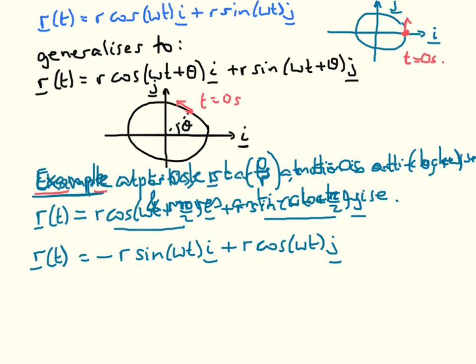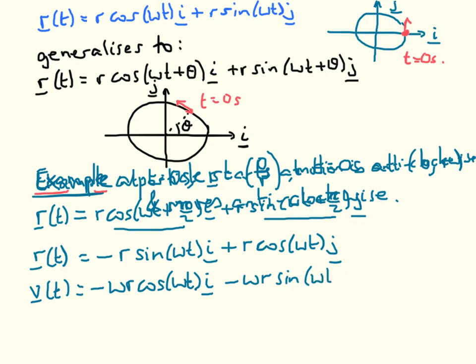Just to check that it's moving anti-clockwise, let's differentiate this, and the velocity is going to be minus omega r cos omega t i minus omega r sine omega t j, where we just used the chain rule.